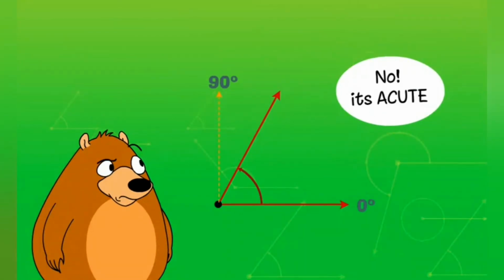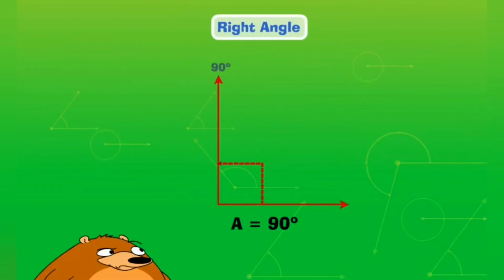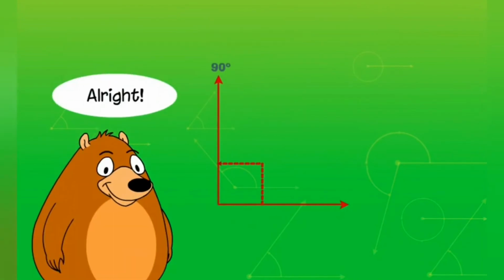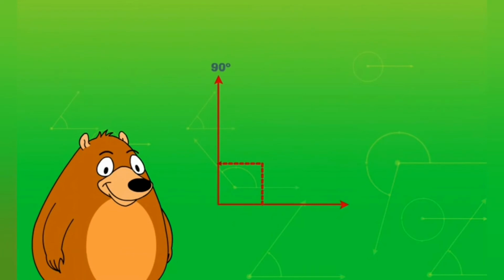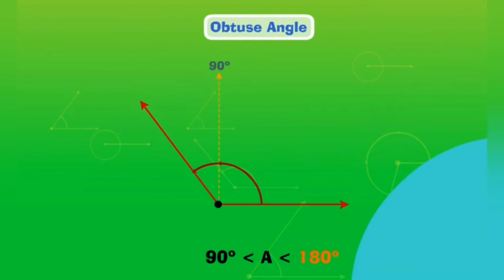Acute angles are smaller than other angles. An angle whose measure is 90 degrees is called a right angle. All right. Right angles are larger than acute angles. Obtuse angles are bigger than right angles. They measure between 90 degrees to 180 degrees.